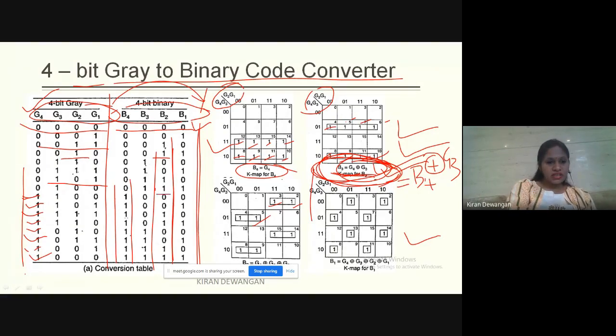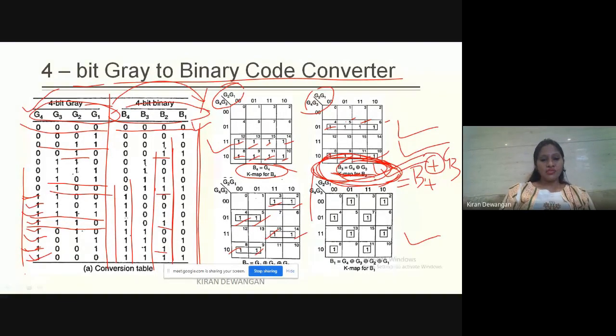This one is 100, 4 is high. Clear? Now again we have 1111, that means 15 is high. Then we have this one, 1110, 14 is high. Now this one, it is 9 and 8. 8 and 9 are high.